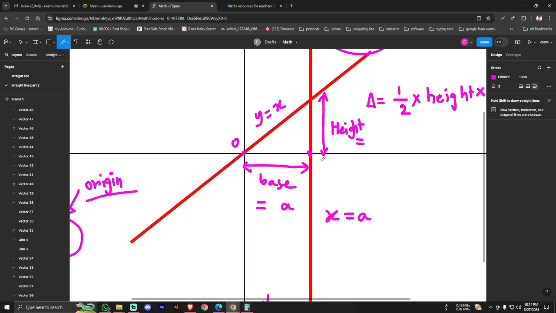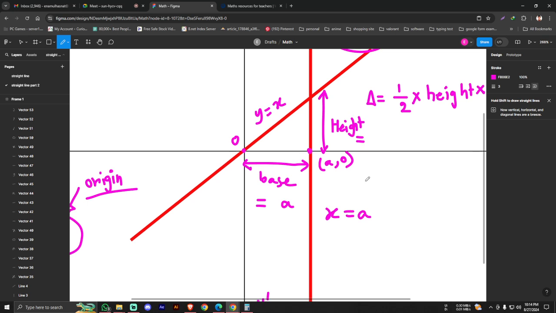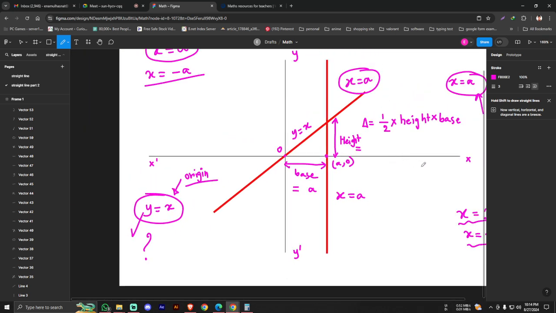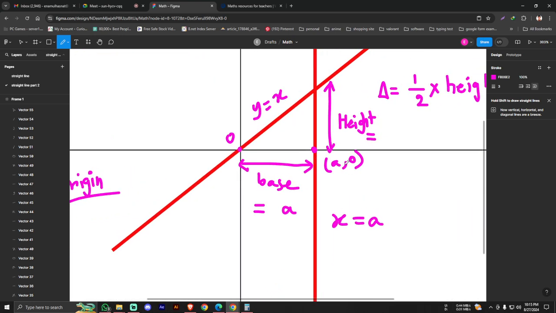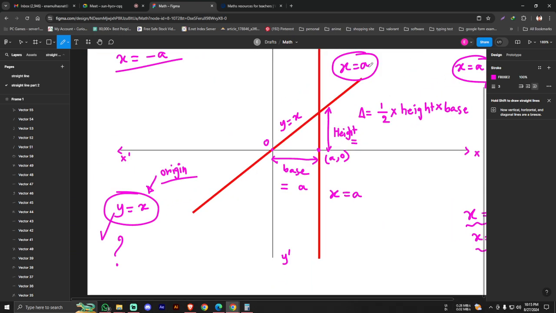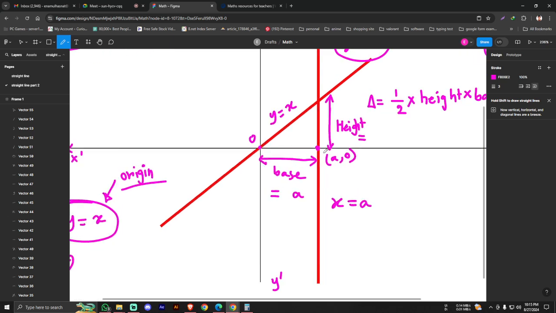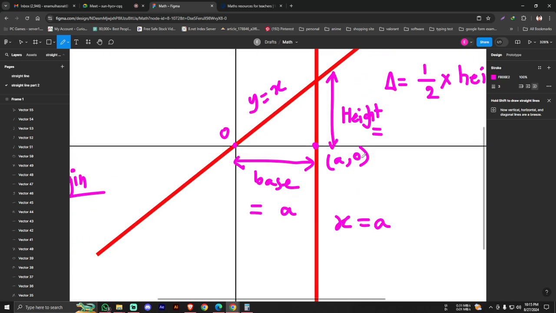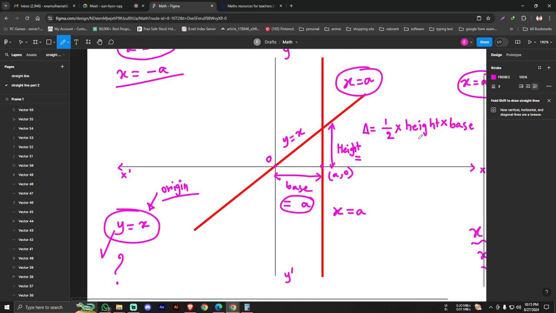It's a comma 0, because it's on the x-axis. So the distance from 0 is a, and the base is a. We already found the value of the base.